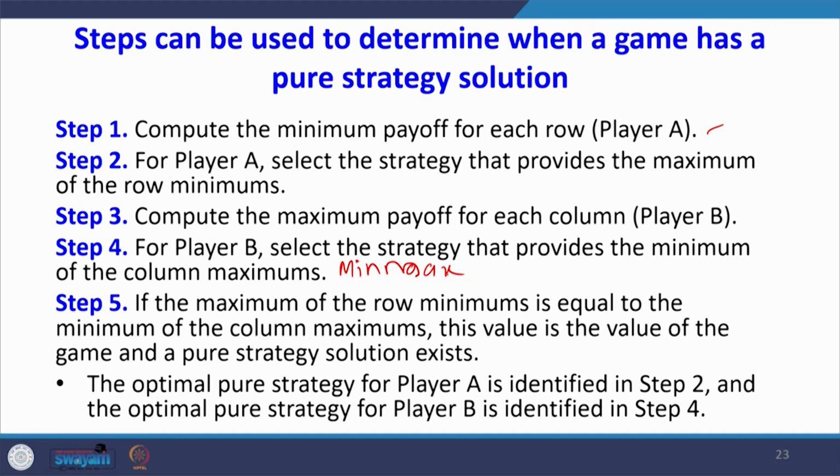Company B plays with the strategy called minimax. Company A plays with the strategy called maximin. If the maximum of row minimum, maximin, is equal to the minimum of column maximum, minimax, this value is the value of the game and a pure strategy solution exists. So, the optimal pure strategy for player A is identified in step 2 and the optimal pure strategy for player B is identified in step 4. These are the steps.